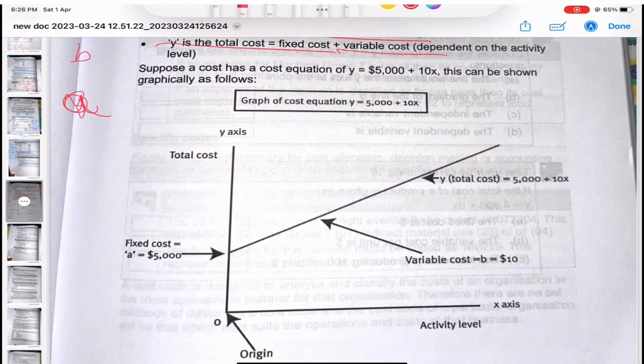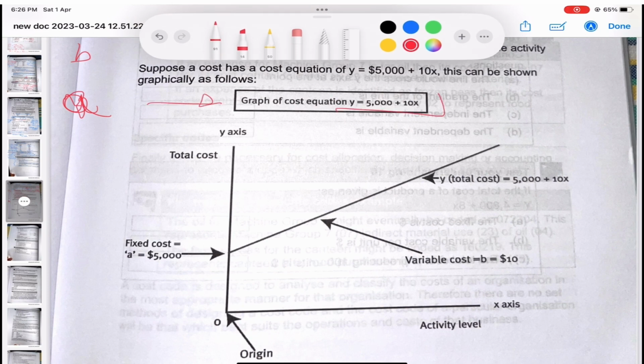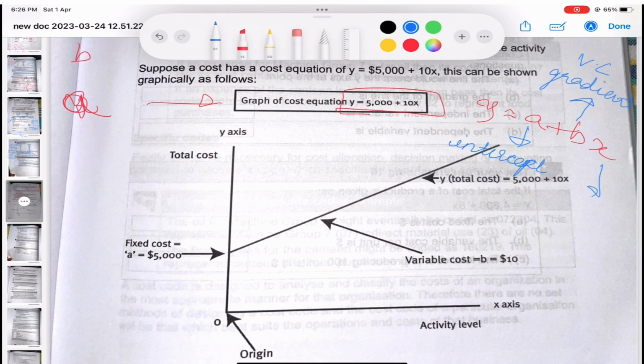They just gave a graph and plotted it, so you can ignore that. A is the intercept and b is my variable cost per unit, or the gradient. Keep these two terms in your mind.